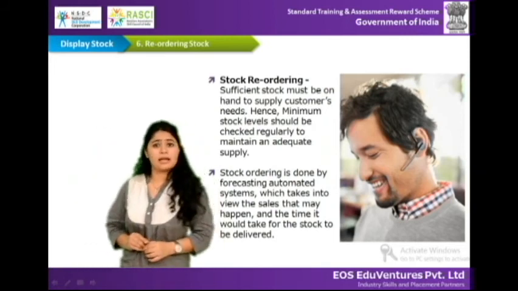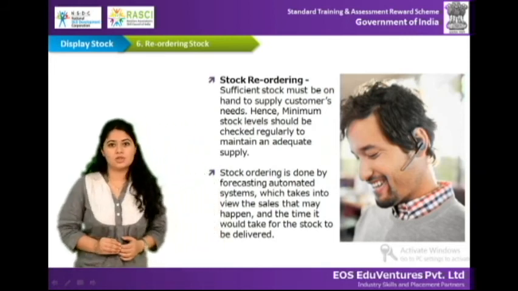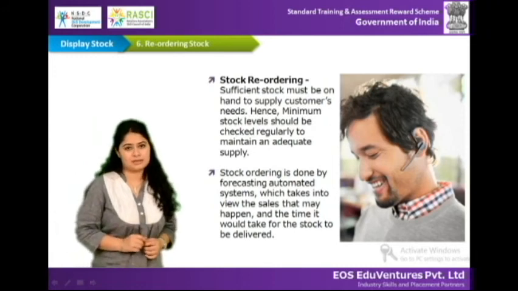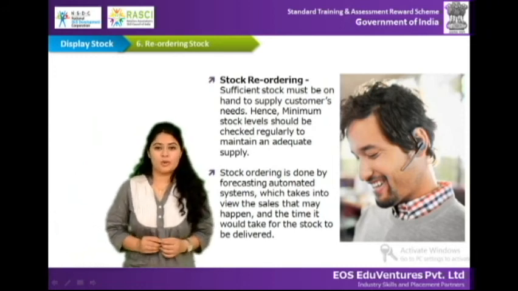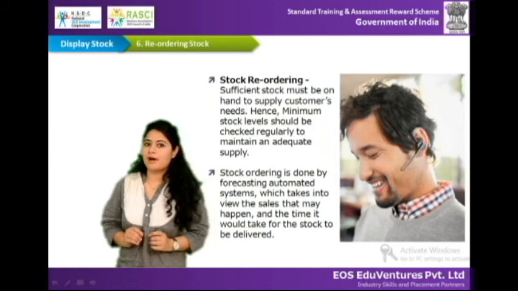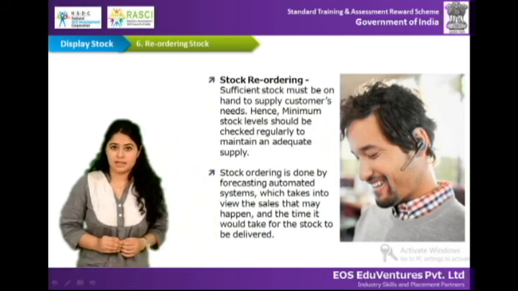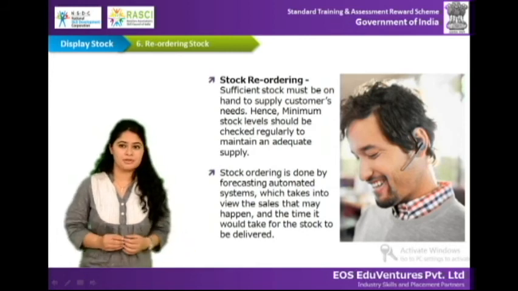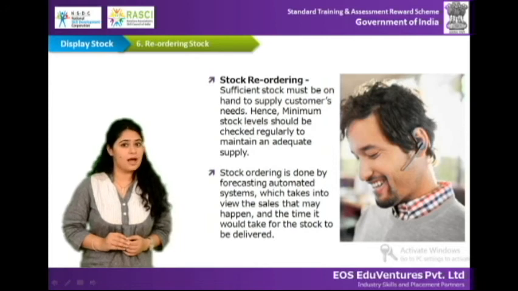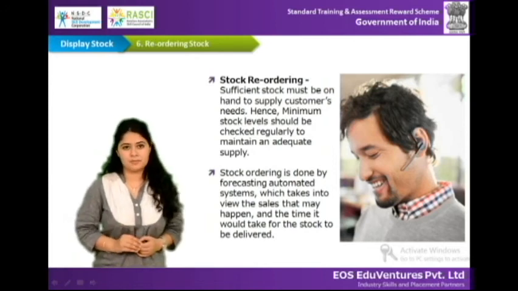Sometimes stock that has been ordered does not arrive as expected. What to do when this happens? Find out why there has been a delay. Find out what happened. Check the invoice and speak to the supplier if necessary.